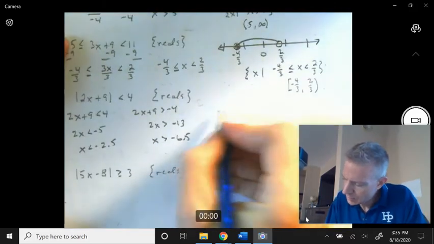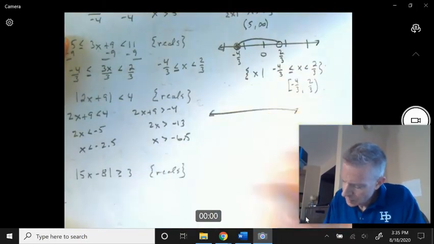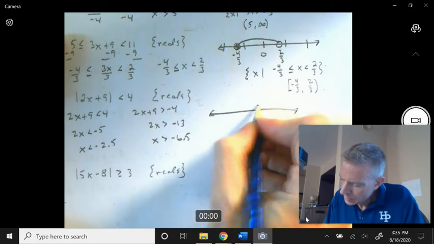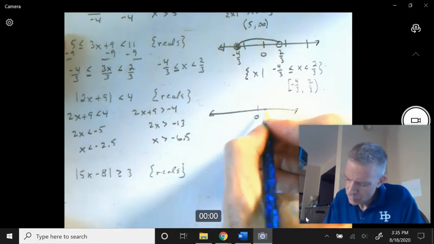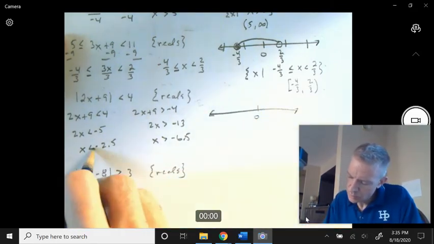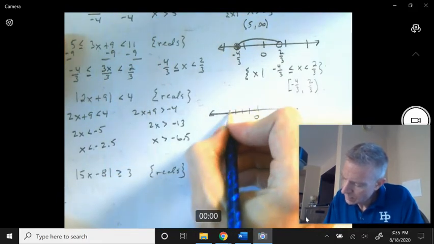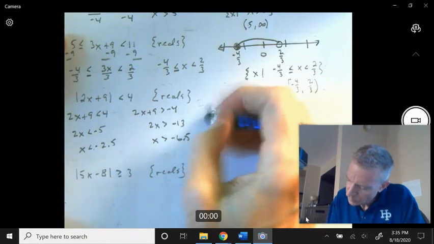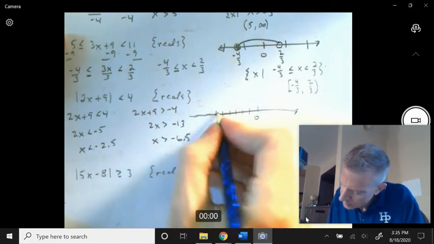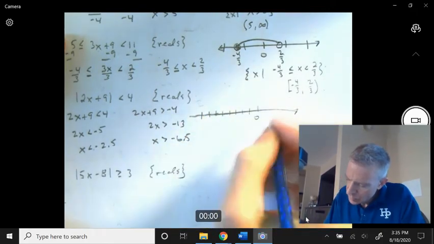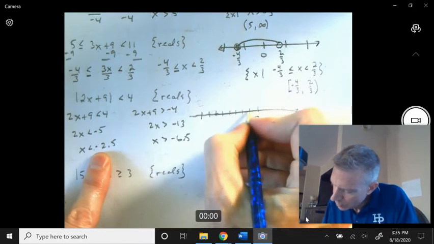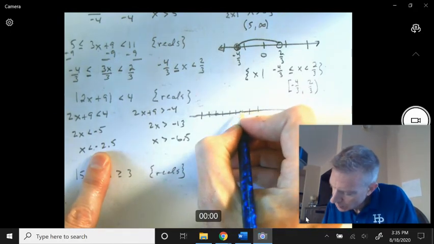Solving on a number line. So we've got 0. These are both negative, so we've got 1, 2, 3, 4, 5, 6, 7, 8. So negative 2.5 gets me here.